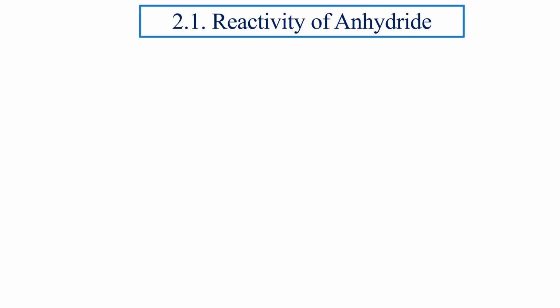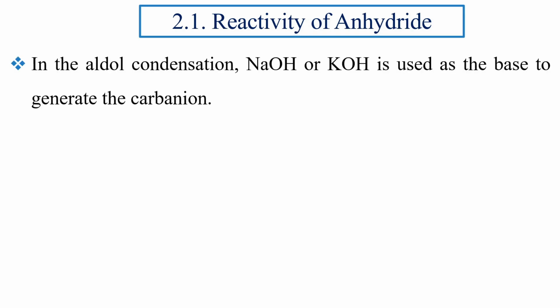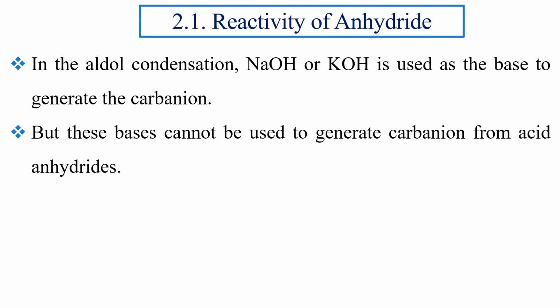Before going into the mechanism of Perkin reaction, let us understand the reactivity of acid anhydride in Perkin reaction. We know that in aldol condensation, sodium hydroxide or potassium hydroxide is used as base to generate the carbanion from aldehyde or ketone. But these bases cannot be used to generate carbanion from acid anhydrides.